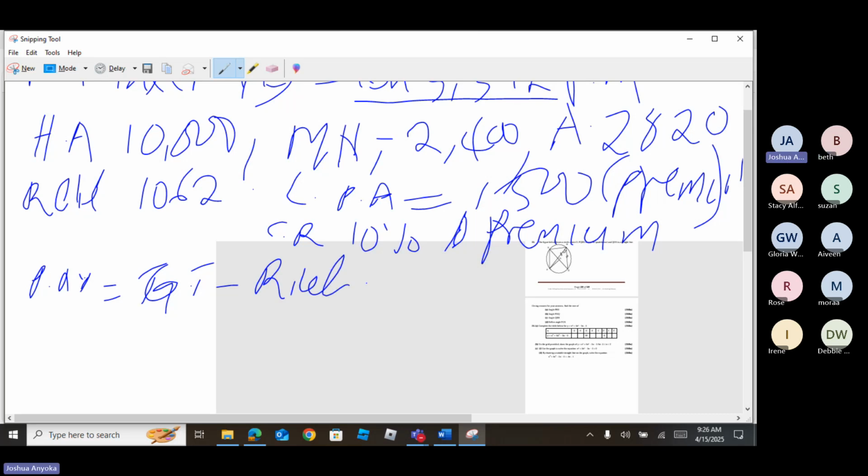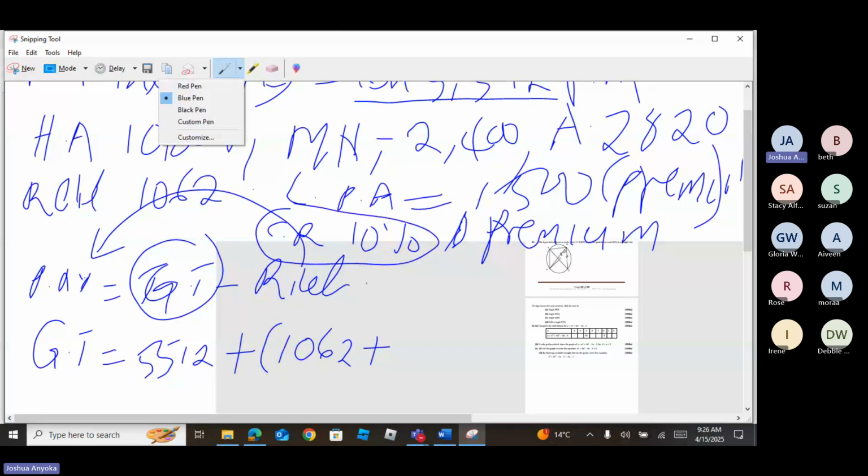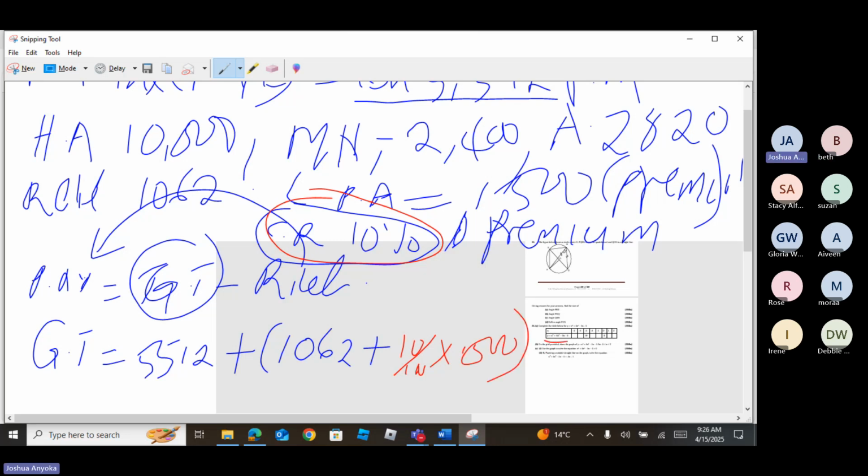Now we want gross tax, so gross tax equals PAYE 5,512 plus reliefs. The first relief is 1,062, plus a claimed relief of 10 over 100 times 1,500.